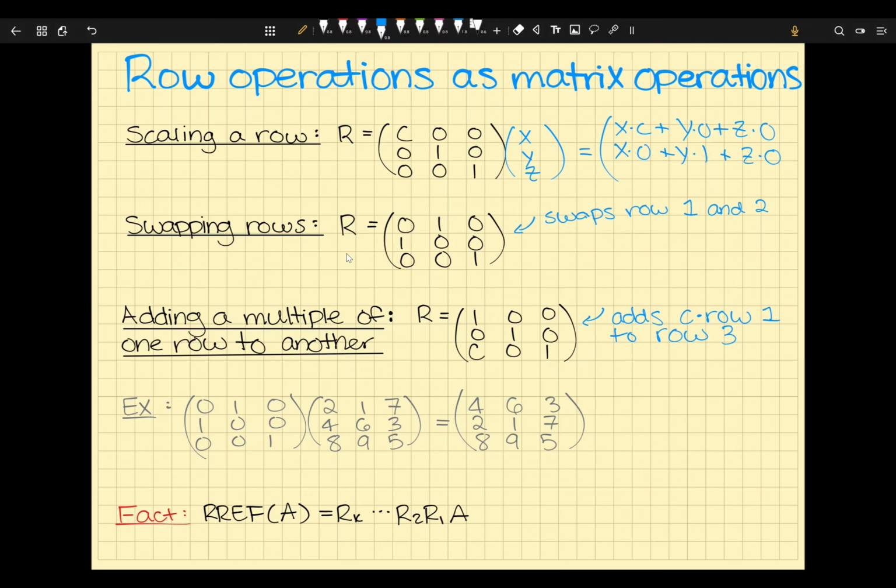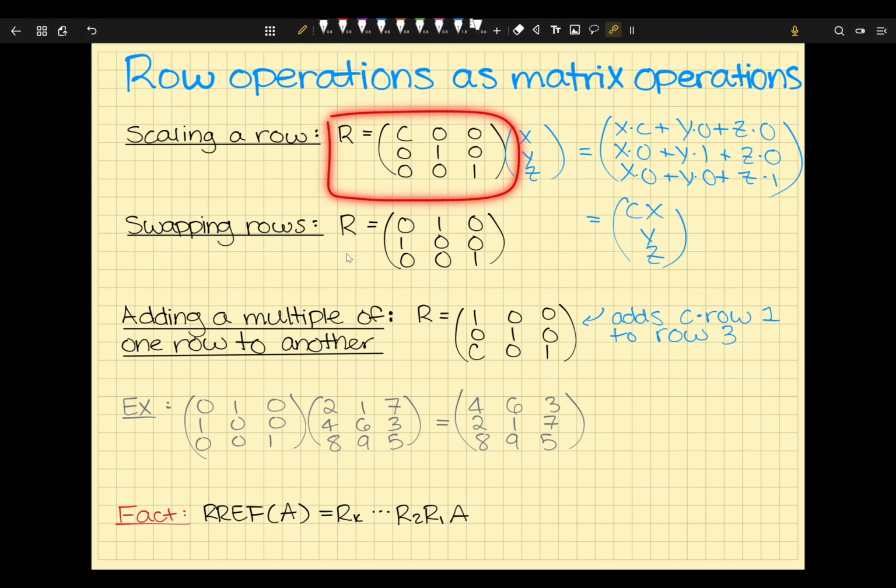And for the third row, we'll get x times 0 plus y times 0 plus z times 1. The net result is that all of these zeros go away, and we just get cx, y, and z. So this matrix ended up scaling the first row by c.